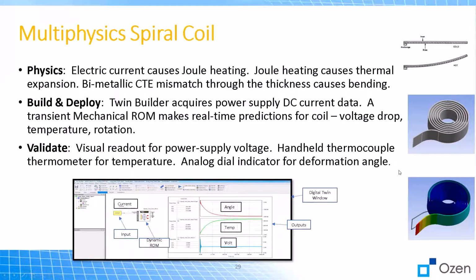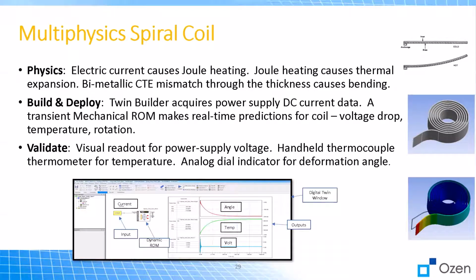So the objective of this model was to have a multiphysics model that will provide a current, which will create Joule heating. When Joule heating is provided, we have a change in temperature, and then it will start deforming, so we'll have an angle deformation. So this is our input and output.